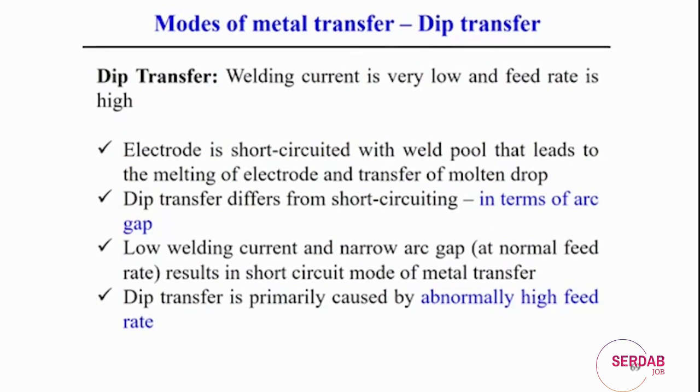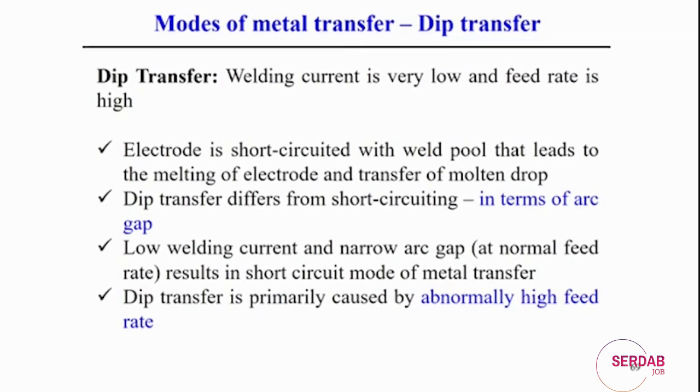Here also the electrode is short circuited with the weld pool, and that leads to the melting of the electrode and transfer of the molten drop. But dip transfer differs from the short circuiting transfer in terms of the arc gap.